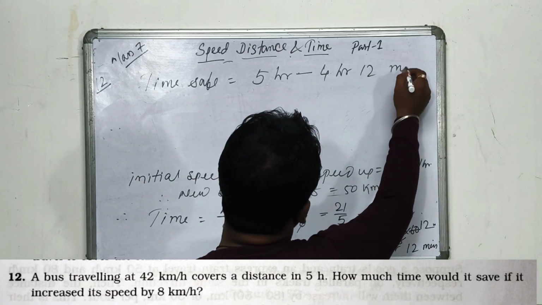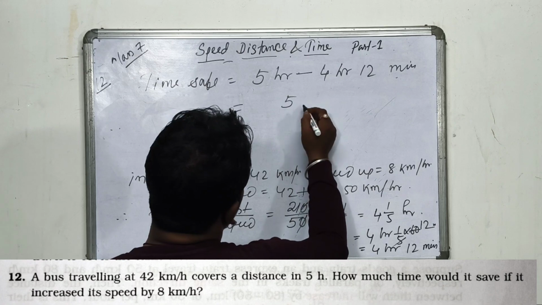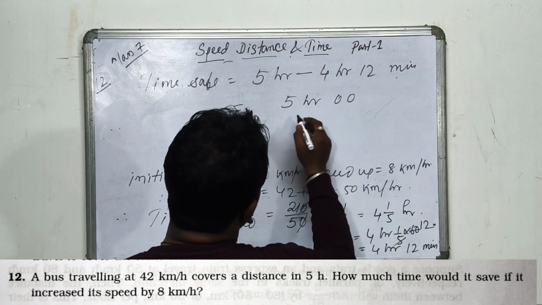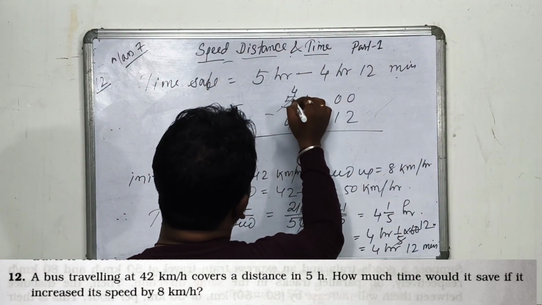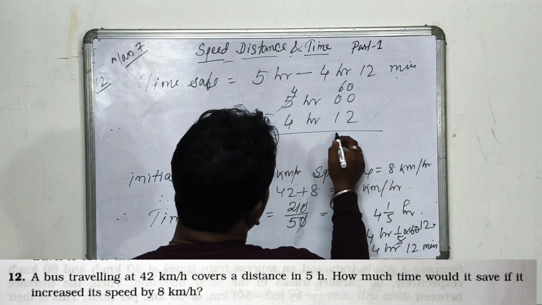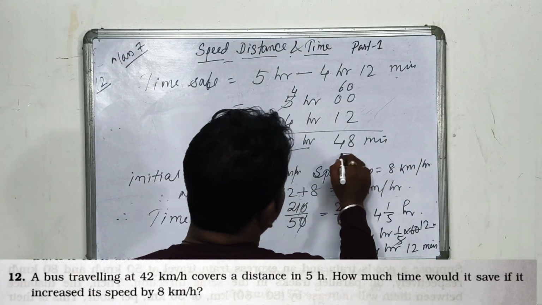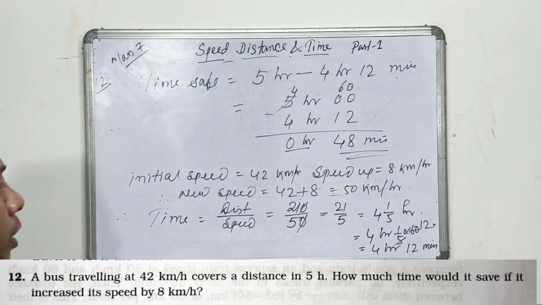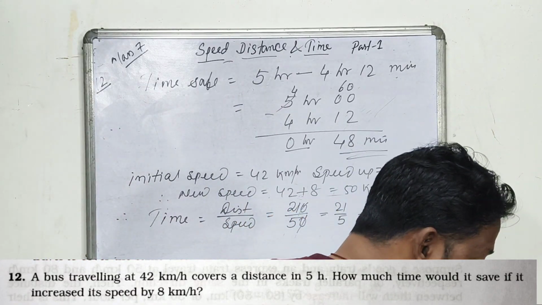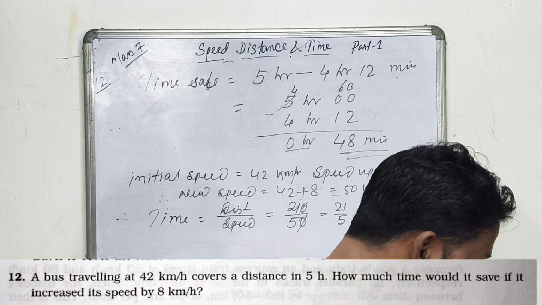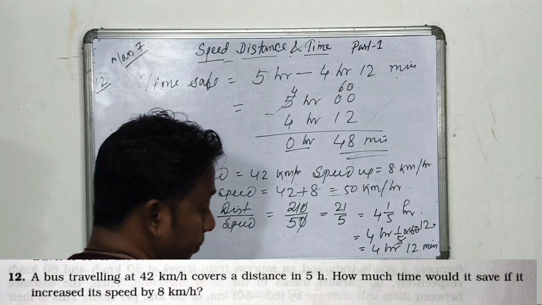Subtract: take 1 from this 5, that is 60. 60 minus 12 is 48 minutes and 0 hours. So it saved 48 minutes. Okay, it saved 48 minutes. Clear?